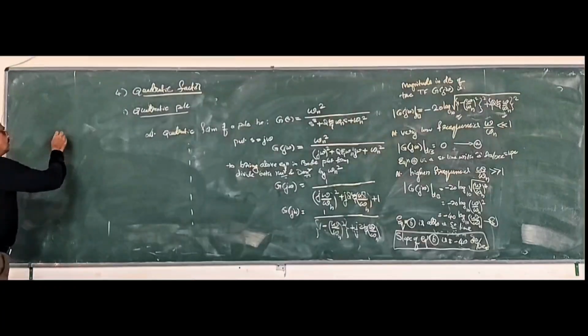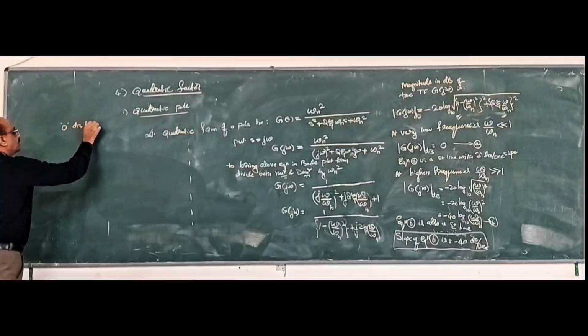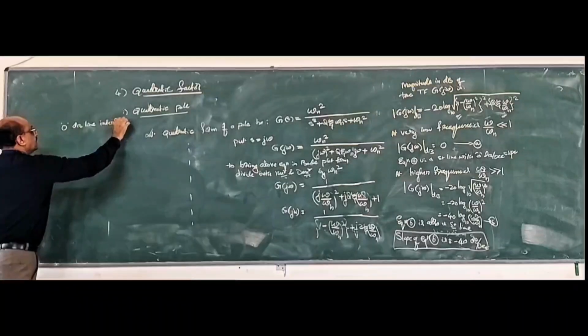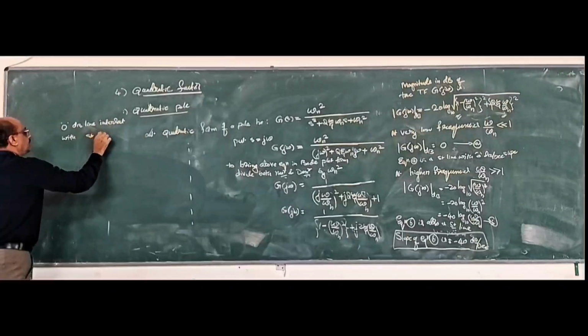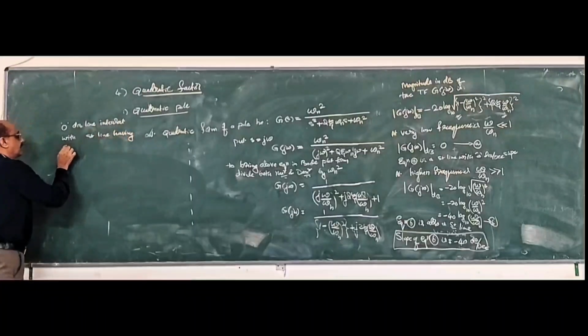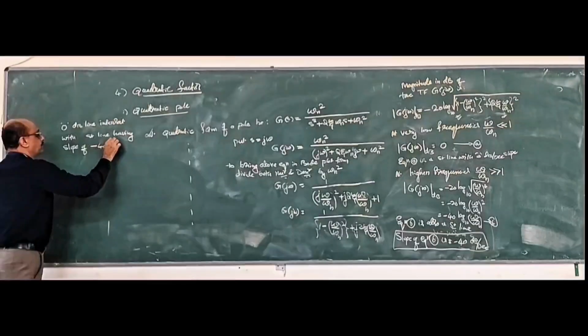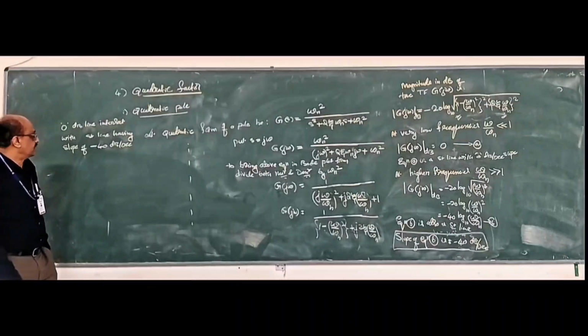The 0 dB line intersects with the straight line having a slope of minus 40 dB per decade.